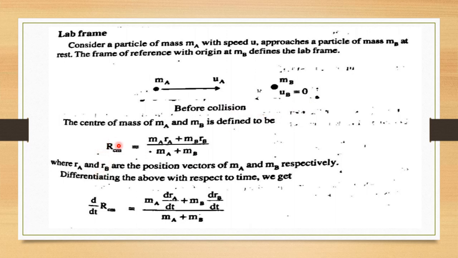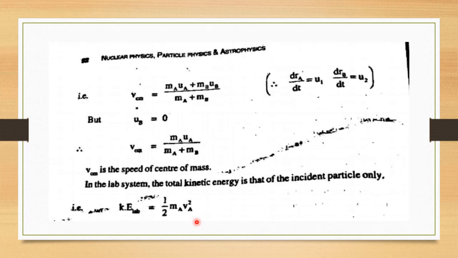Now what is the center of mass? RCM, the center of mass coordinate, is equal to (MA RA plus MB RB) by (MA plus MB), where RA, RB are the position vectors. On differentiating, you get (MA dRA/dt plus MB dRB/dt) by (MA plus MB), and we substitute UA and UB.